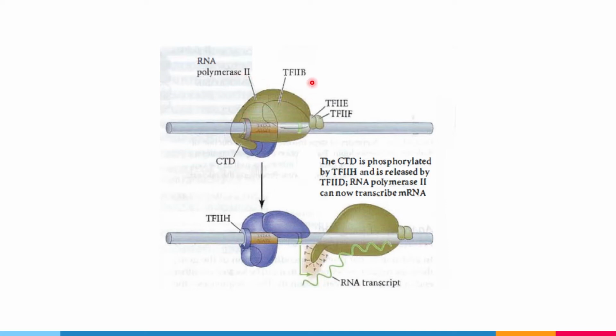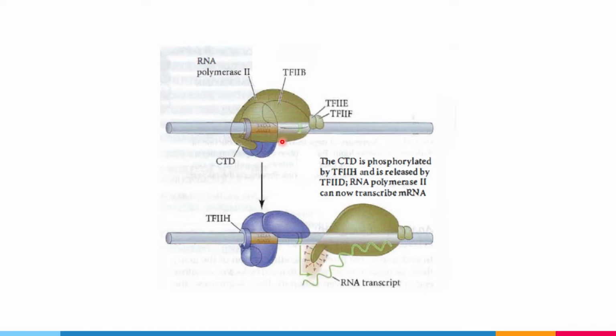So there are various things attached: various transcription factors, importantly D, B, E, F, H, A, and the RNA pol 2, and the C-terminal domain of RNA pol 2 is captured by TF2D. And this is the start; the initiation phase is now over, and what transcription factor does now is phosphorylate the C-terminal domain of RNA pol 2, and this essentially is the start signal.